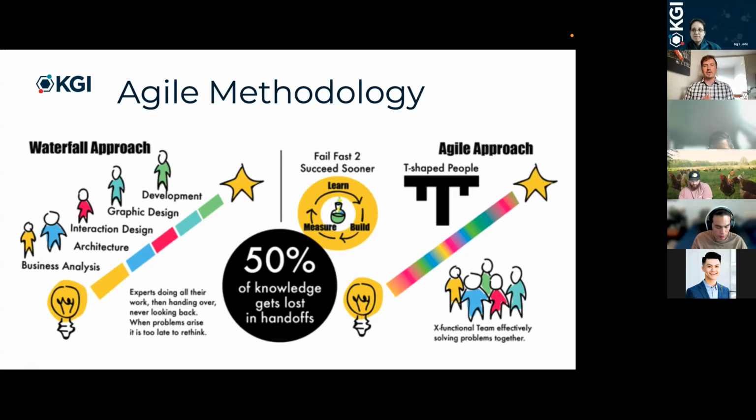Agile, they follow this basic principle of measure, learn, build, and then repeat. So measure how your product is interacting within the customer ecosystem, learn from the analytics that you get from that. And in our case, that main measurement and learning part is going to be through user testing.